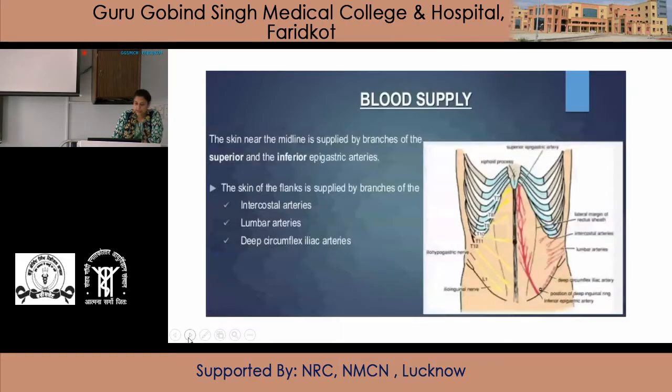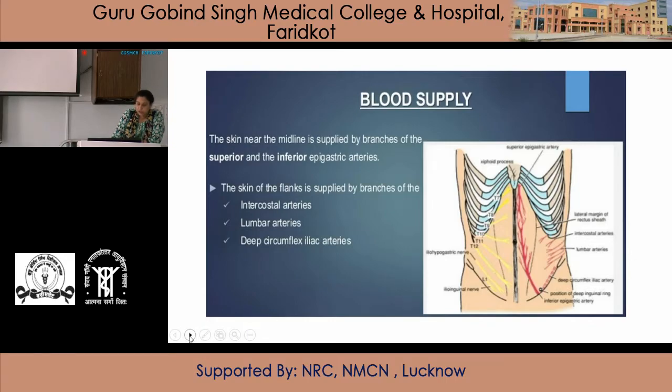Next is the blood supply. The skin near the midline is supplied by the branches of the superior and inferior epigastric arteries. So in the midline there are two main arteries, the superior epigastric artery and the inferior epigastric artery. The skin of the flank, that is the lateral side, is supplied by the intercostal arteries, lumbar arteries and deep circumflex iliac arteries.